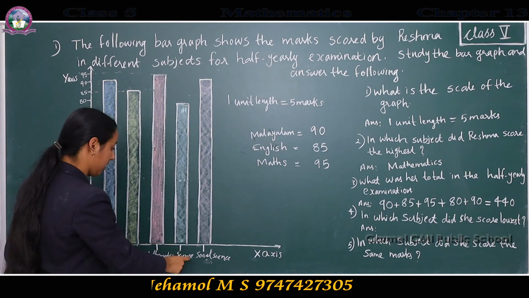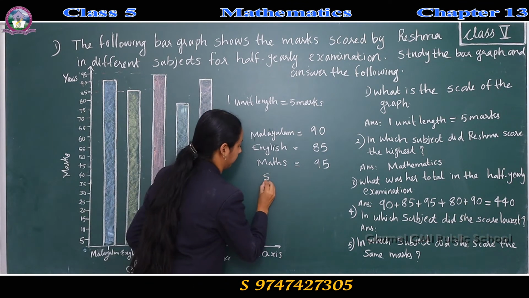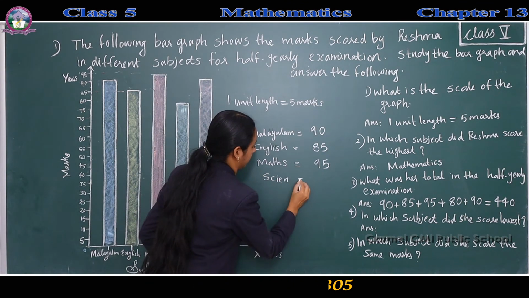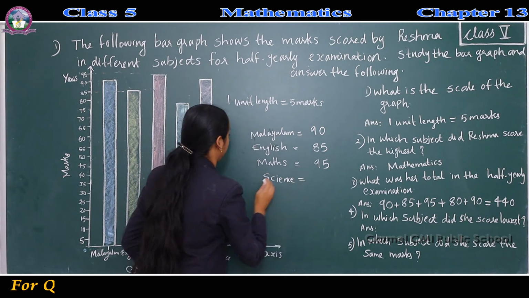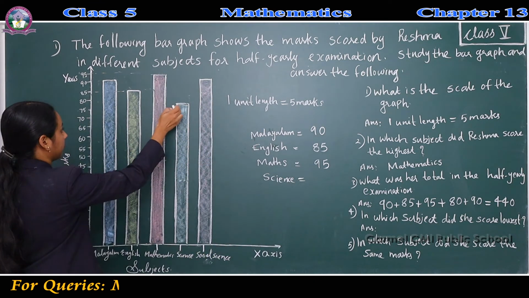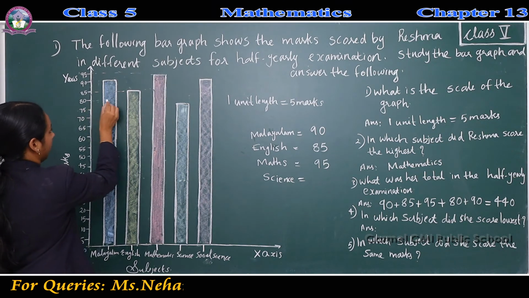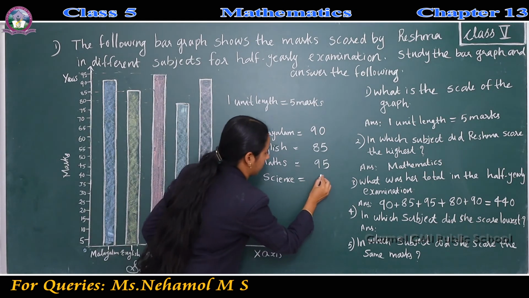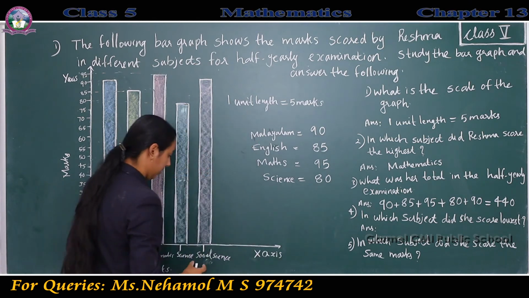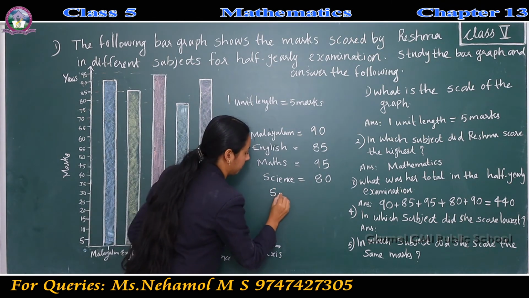Then next one Science. For Science, this bar is against 80 marks. Then next one Social Science.